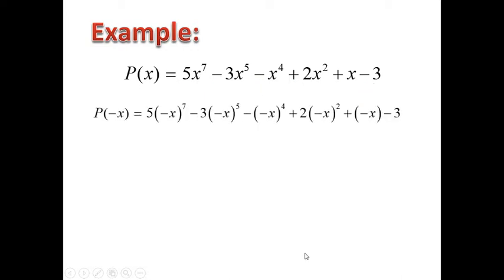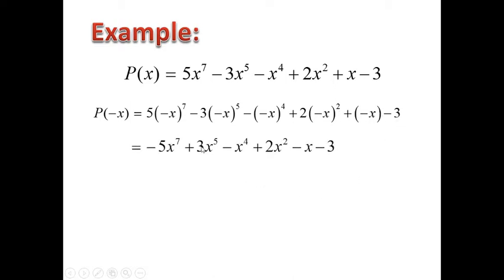And then for the negative zeros, here's the way to find it. The first thing that you need to do is change the sign from positive x to negative x. So we need to plug in negative x for all the variables. So we get 5 times the quantity negative x to the power of 7, minus 3 times the quantity negative x to the power of 5, and then minus the quantity negative x to the power of 4, plus 2 times the quantity negative x squared, and then plus negative x minus 3.